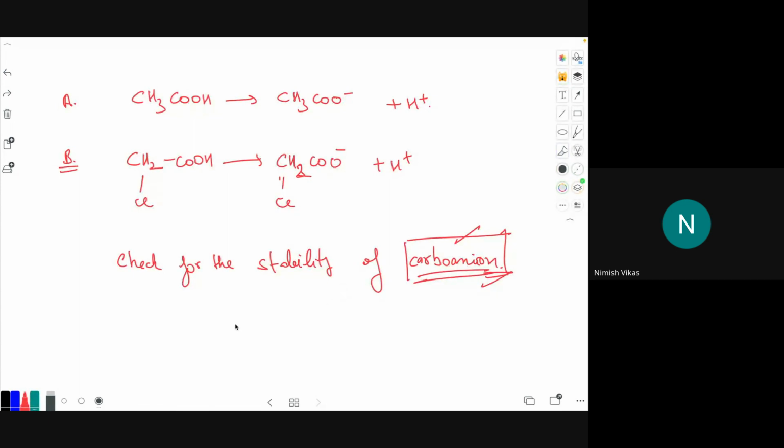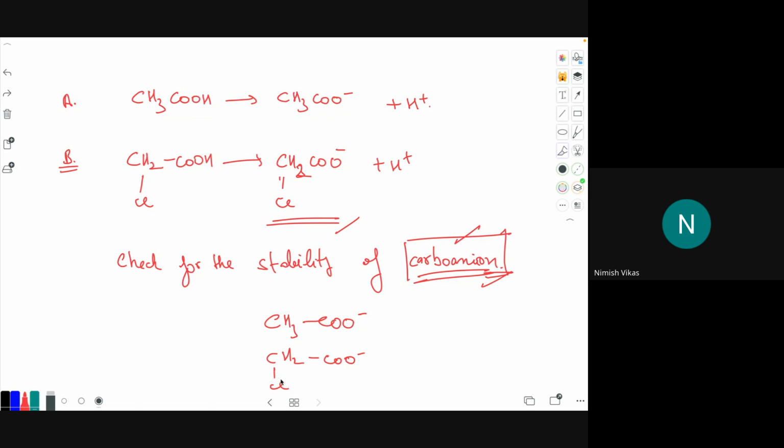Very simple topic. See, imagine this is CH3COO negative. H plus is removed, and the other anion which is formed over here will be CH2Cl COO negative.